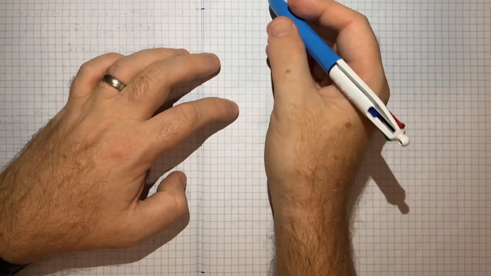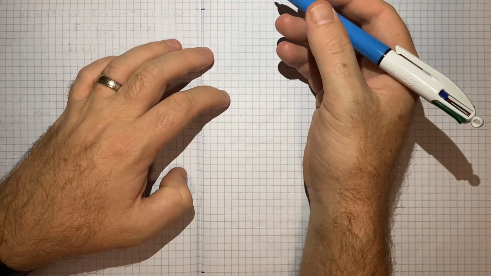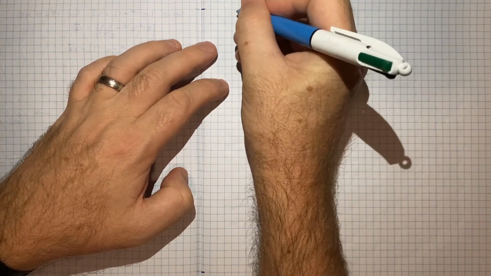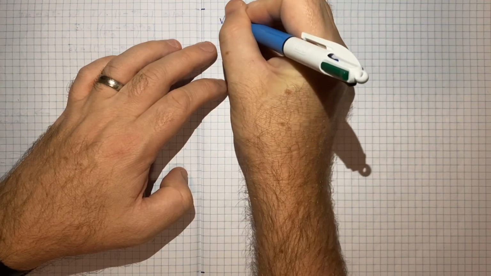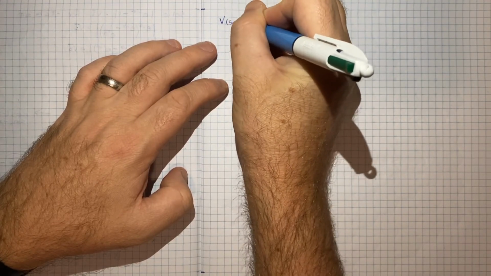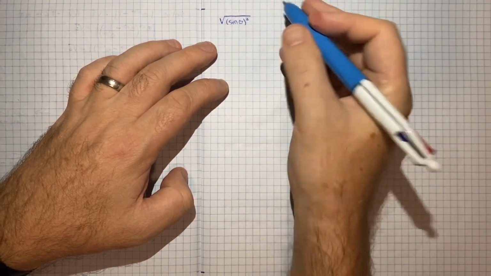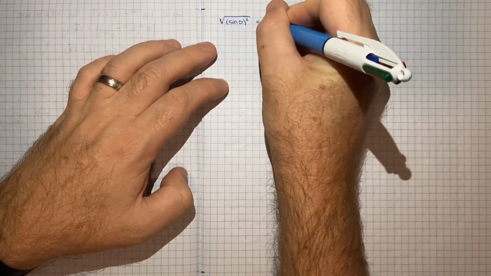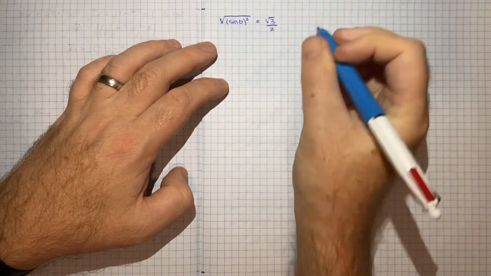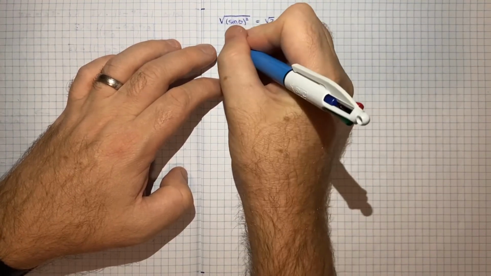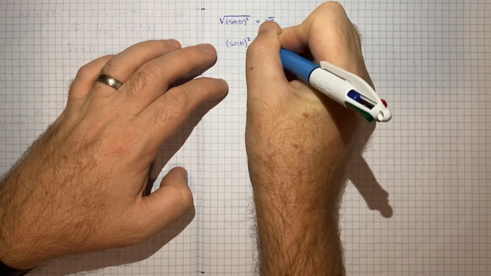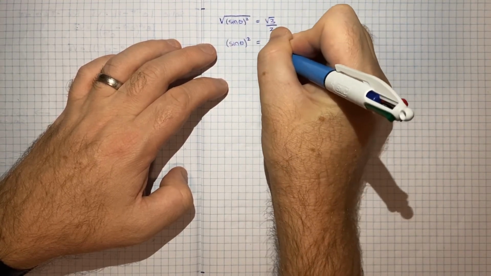Now, I'll just turn over, because we're still dealing with the modulus of sine theta. If we think of that in terms of absolute value, it might help to think of the square root of sine theta squared as effectively the absolute value, the modulus. So that's going to be equal to root 3 on 2. If I square both sides, I get sine theta squared equals 3 on 4.